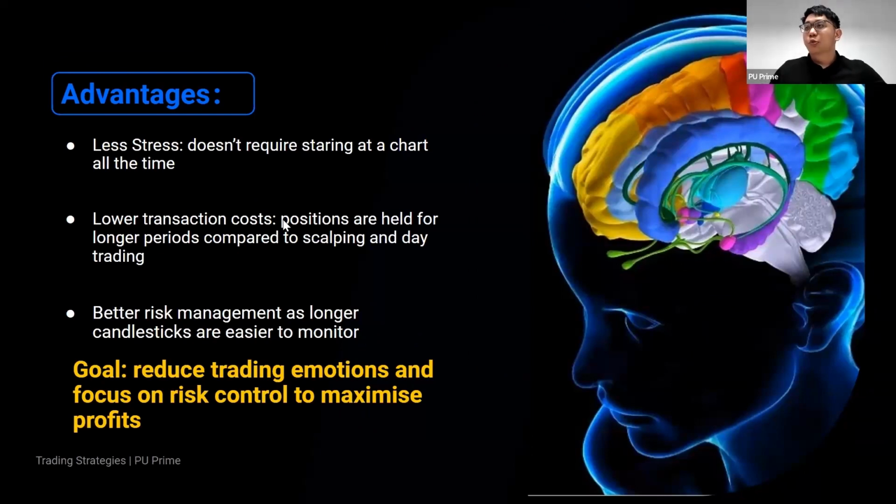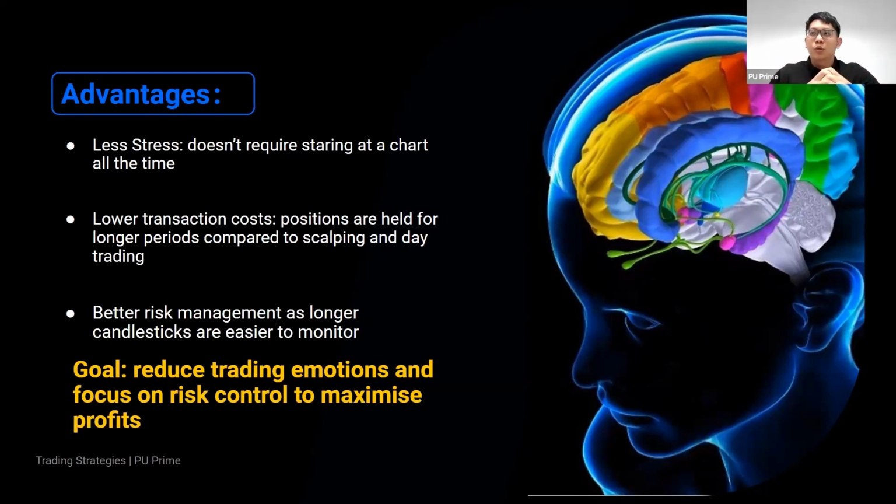Okay. The advantage of the swing trade is it will be less stress. It doesn't require you to stare at the chart all the time, because why? When we open this position, it's backed with fundamental analysis. We know what is happening in the world. We know the logic behind our trading, so we'll be more confident when we open this position.